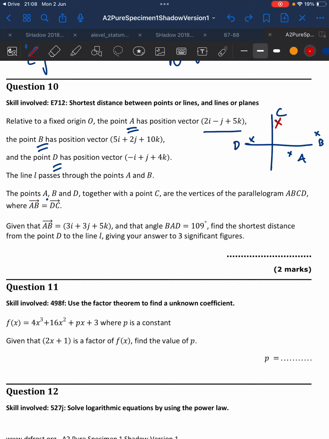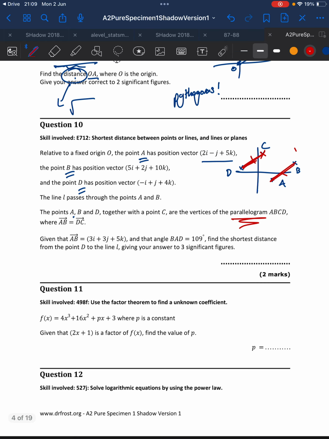Or if it's a parallelogram, what's special is that opposite sides are actually the same length, aren't they? So that quick sketch, labelling clockwise or anti-clockwise, as I've done, will enable you to identify the right vectors to look at. And parallelogram and so on are really big signals that you need to use properties of shapes typically for this one.